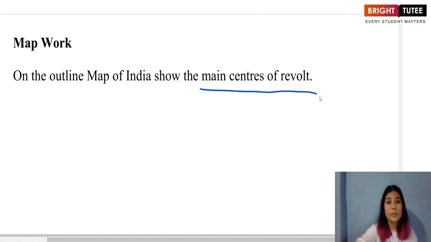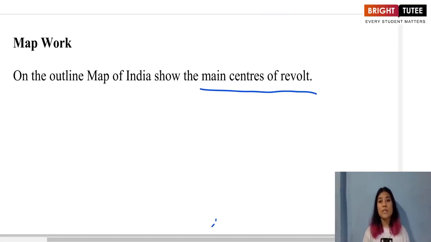All right. So with that, I would like to end the chapter. This was another long chapter, and let me briefly summarize what this chapter was all about. So this chapter basically told us about the revolt of 1857, right? We looked at the sources from where we get enough information to study the event, all right?